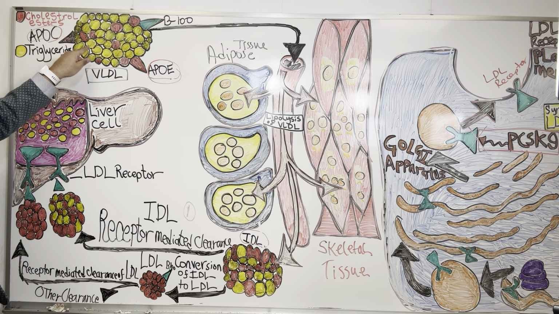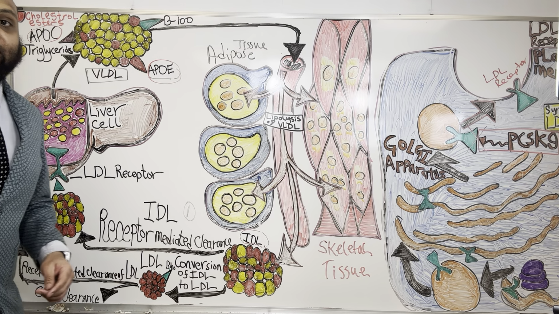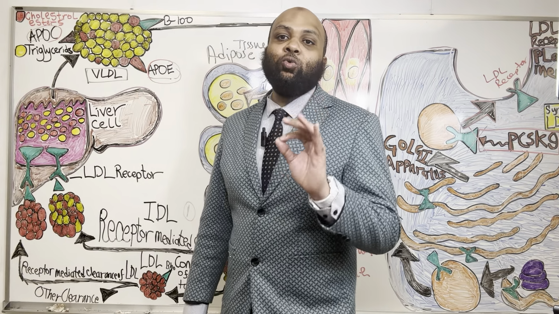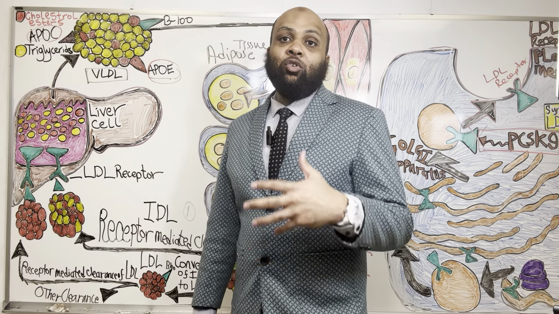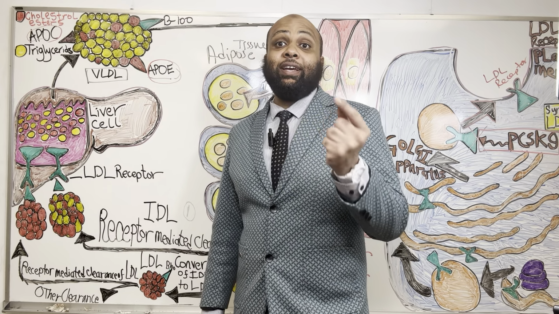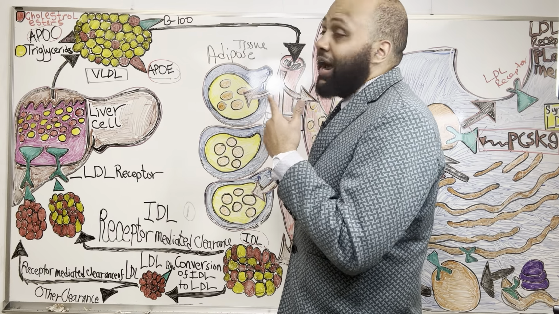There are more yellow circles, more yellow bubbles than there are red bubbles. Red stands for cholesterol ester, while yellow stands for triglycerides.